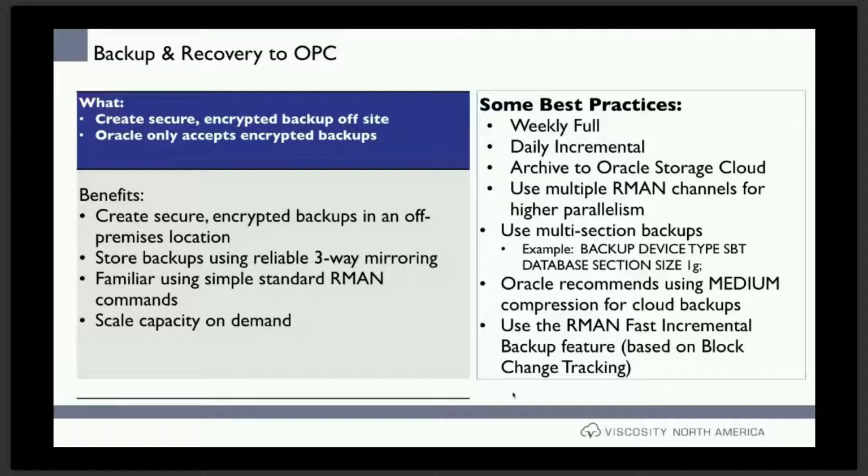This is where if you don't have that much bandwidth between your site and Oracle Cloud, and you're trying to back up a 32 gig data file, right? Back them up in section sizes of, let's say, 1 gig, and increase your parallelism, right? That way you can get more with less. And also change your compression from basic to medium.